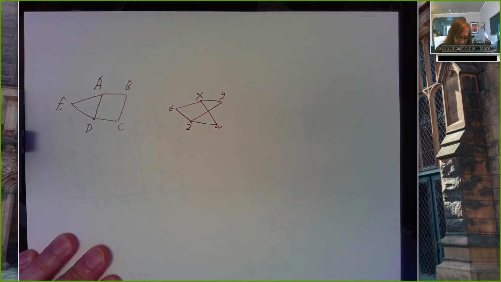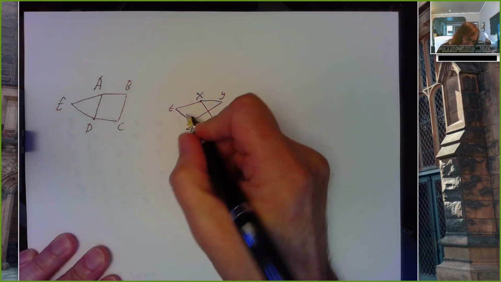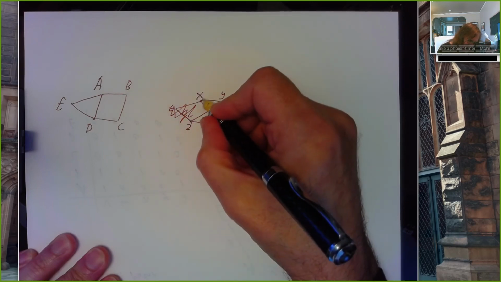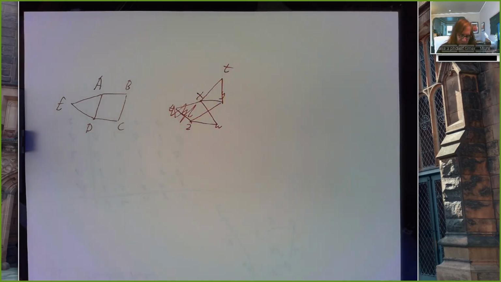And here's another graph. Nope, that's not right. I'll do this. There's another graph. These are isomorphic.